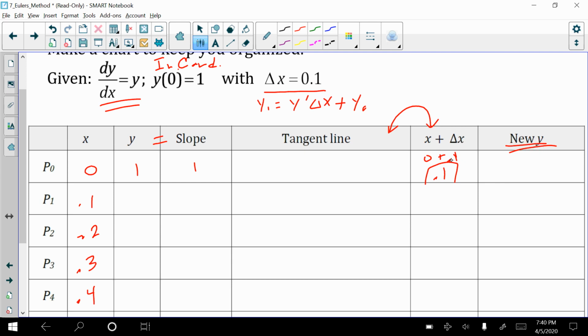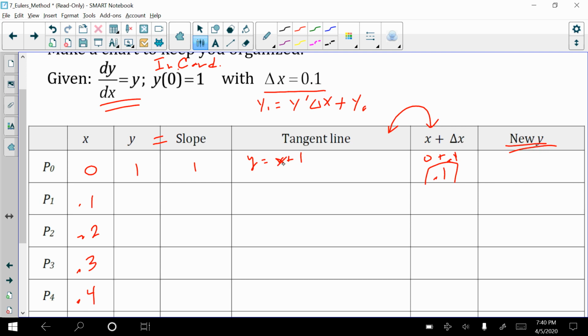So now that we've identified, from our initial conditions, x and y are going to be these numbers. We understand that the slope in this example is going to be the same thing as your y value, and we're able to identify what our x value is going to be. We could simplify that so our tangent line in this case would look something like y is equal to x plus 1.